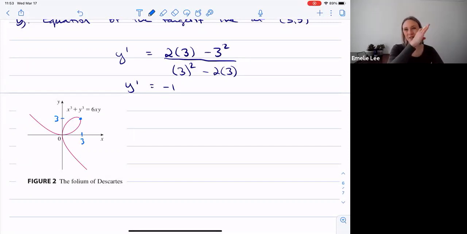At least that it's negative, right? We can't really confirm the actual value of the slope, but -1 seems reasonable, right?